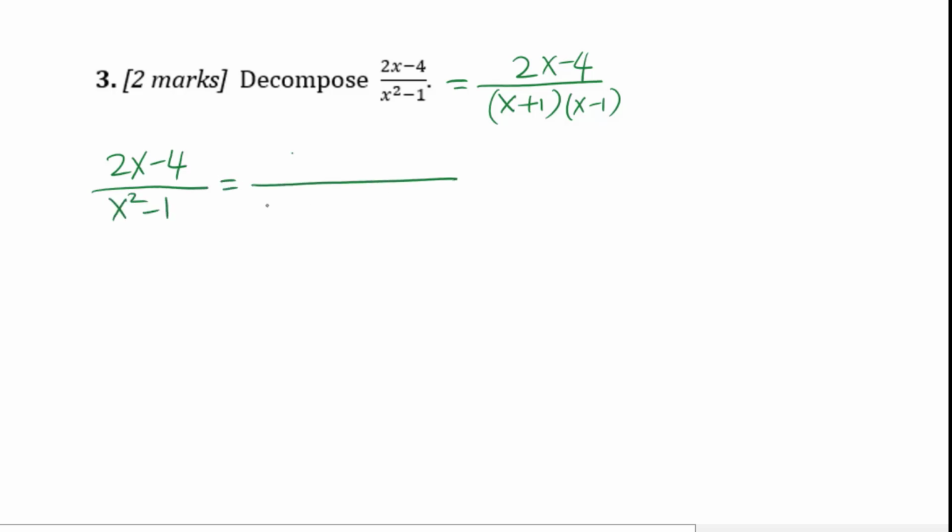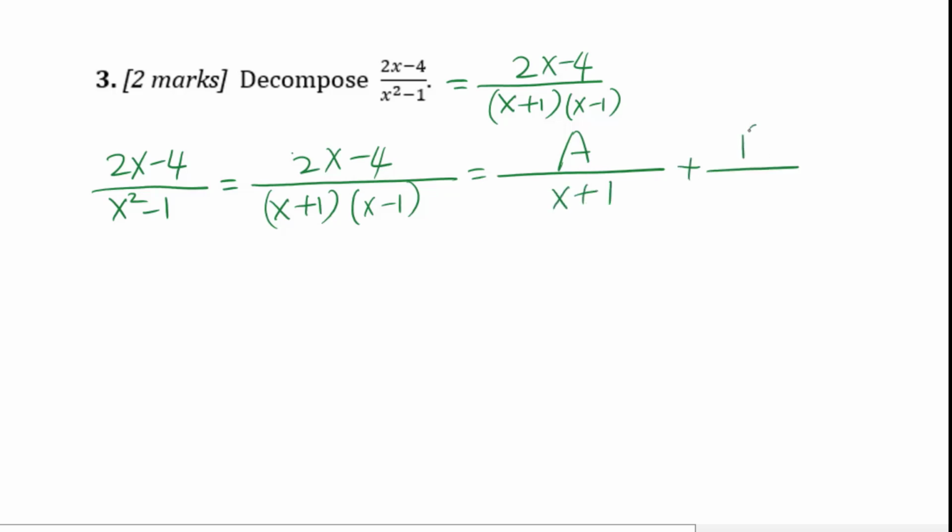We will write x plus 1 times x minus 1. The numerator 2x minus 4 over it equals a over x plus 1 plus b over x minus 1.